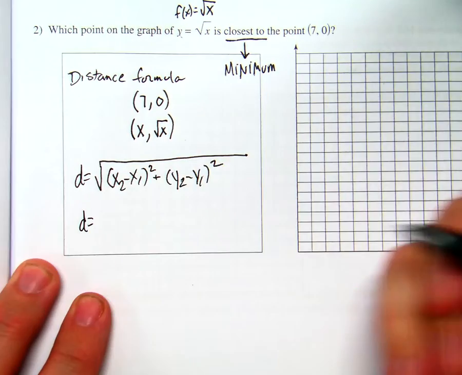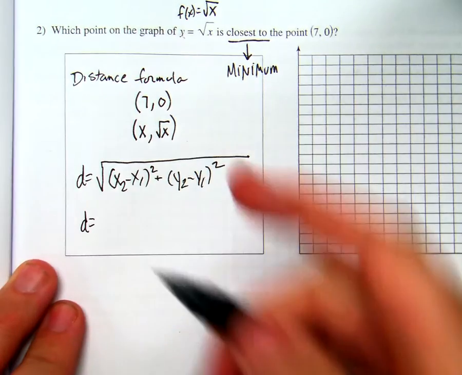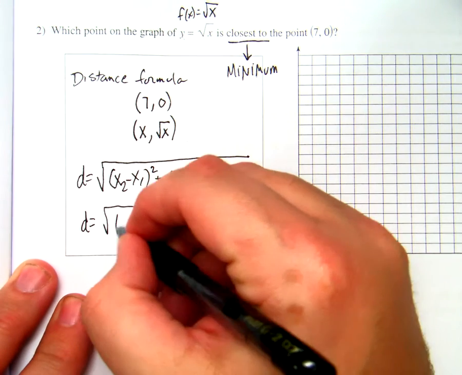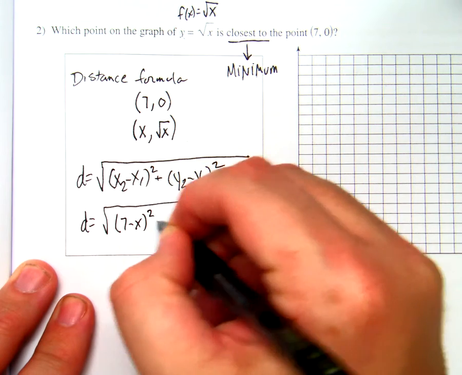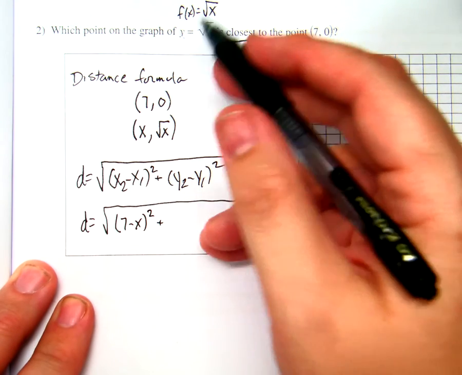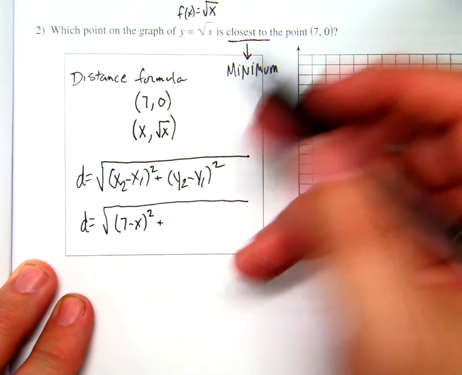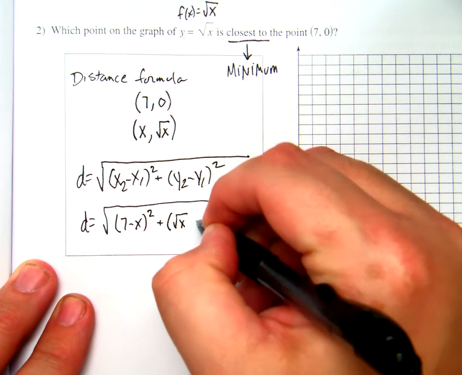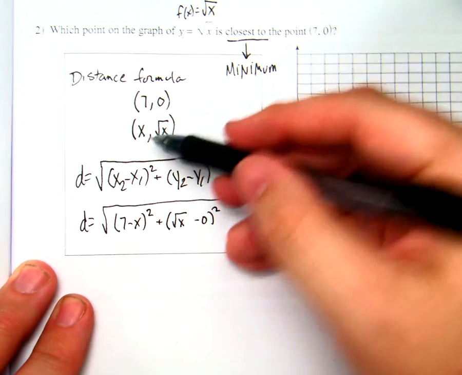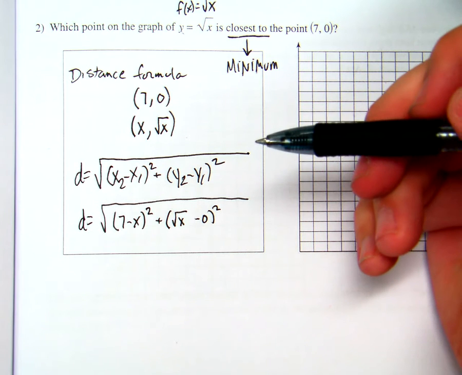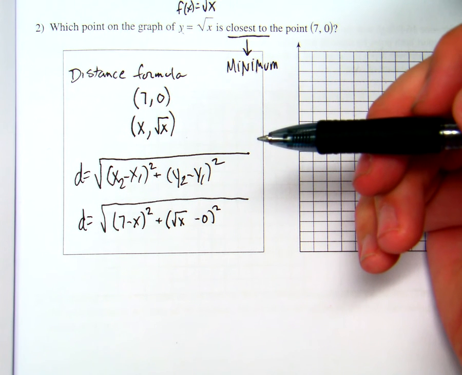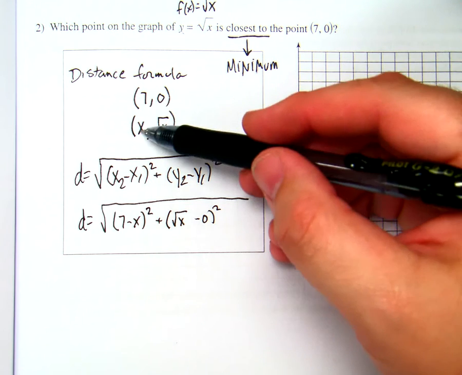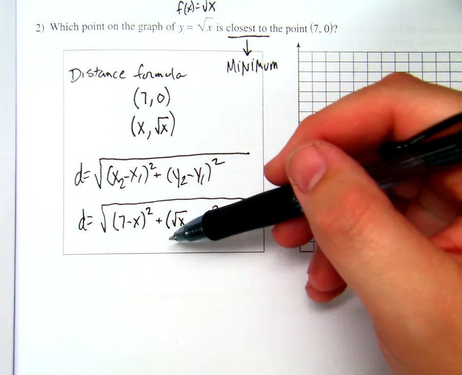The difference of x's is (7 minus x) squared plus, now I'm going to say (square root of x minus 0) squared. Does it really matter if you're going to square the answer? No, that's the nice thing about the distance formula. It doesn't matter if we went x minus 7 or 7 minus x. Since we're going to square it, we'll end up with the same number.